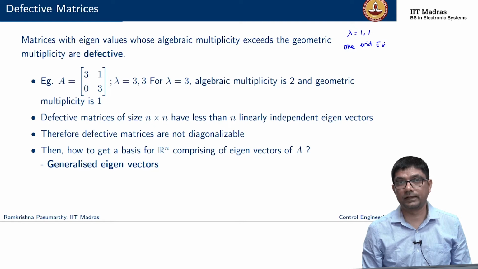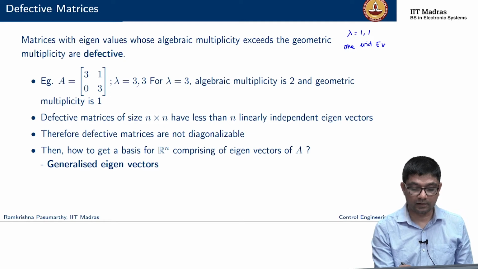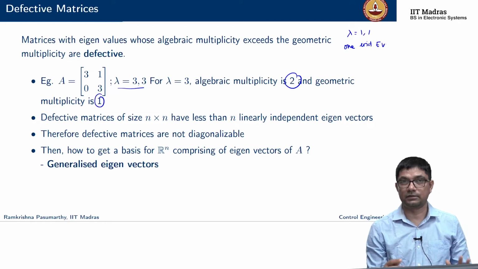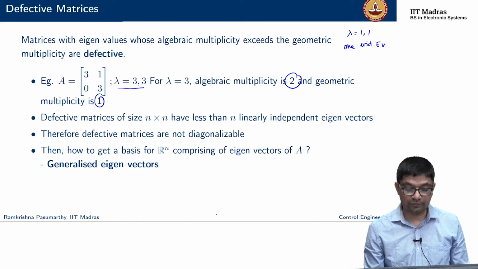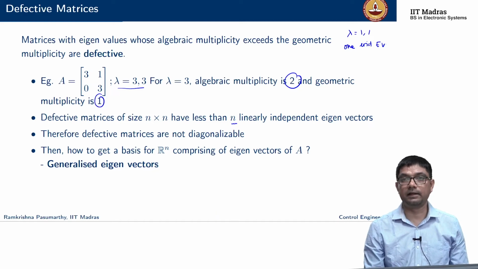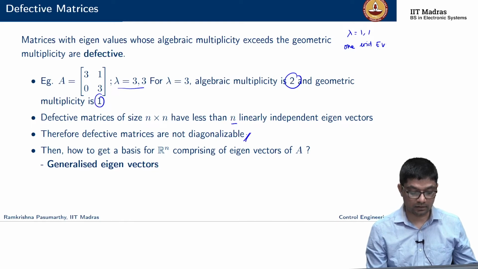They are called defective matrices because they are not diagonalizable. Okay, so for example, here for lambda equal to 3 comma 3, algebraic multiplicity is 2, geometric multiplicity is 1, in the same steps as we did earlier. So, defective matrices of size n cross n have less than n linearly independent eigenvectors, and therefore, these matrices are not diagonalizable. Then what do we do for these things?